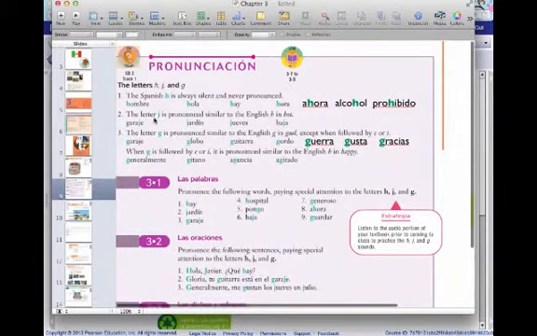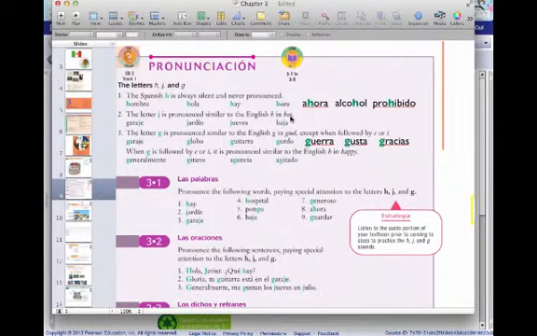The letter J is pronounced similar to the English H in hot, but a little stronger, okay? Garaje, jardín, jueves, baja. It never has the sound J, as in just, never. It's always H, okay? The letter G is pronounced similar to the English G in goal, except when it's followed by E or I, okay?